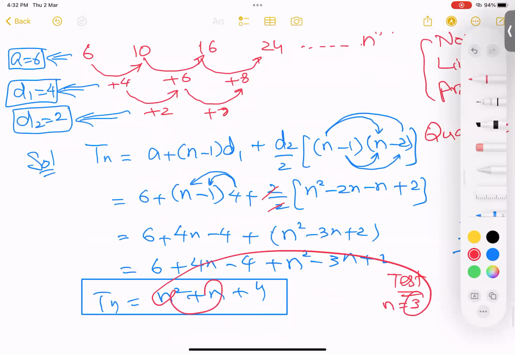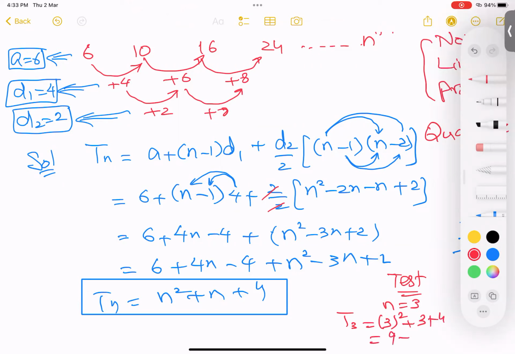So T3 equals 3 to the power 2 plus 3 plus 4. 3 to the power 2 is 9, plus 3 and plus 4. So 9 plus 3 is 12, plus 4 is 16. It matches. So the third value matches.